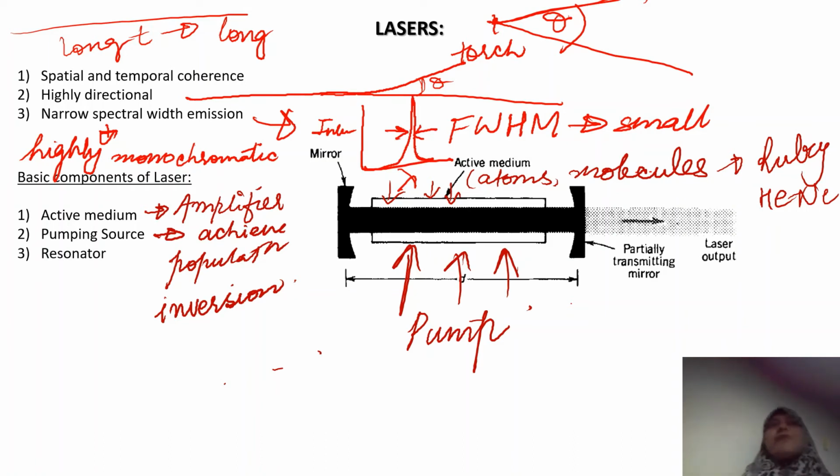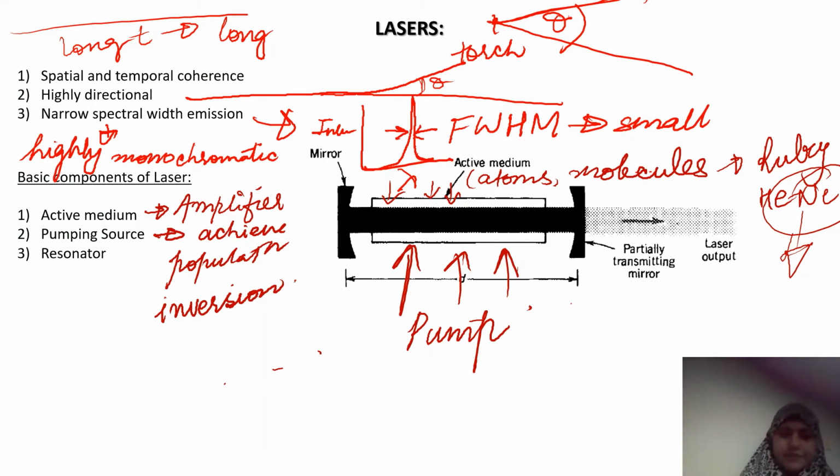So where do we get pumping by collisions? Helium neon gas. There is collision of the atoms and an electric discharge will be passed. There will be collisions of the first kind, and in some other materials collisions of the second kind, and we get pumping. That is, the atoms of the ground state get excited to the excited state.